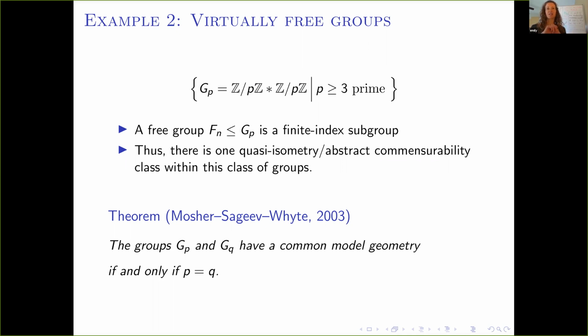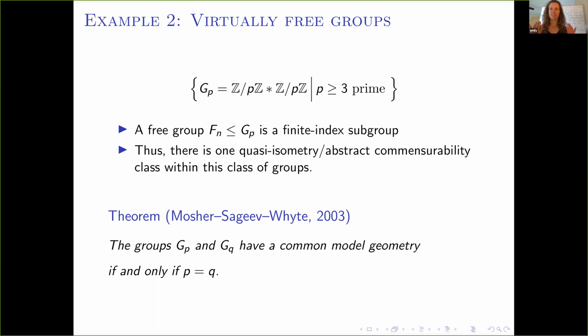And the second remark is about the proof of this theorem of Mosher, Sageev, and Whyte. The main deep work in their proof is to show that if two of these virtually free groups act on the same proper geodesic metric space, then they actually act on the same tree geometrically.